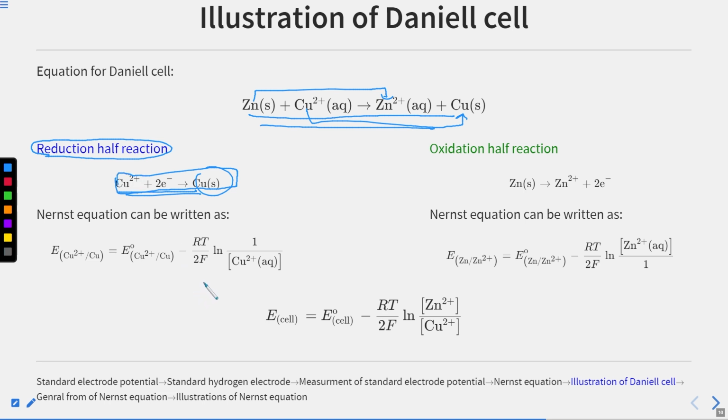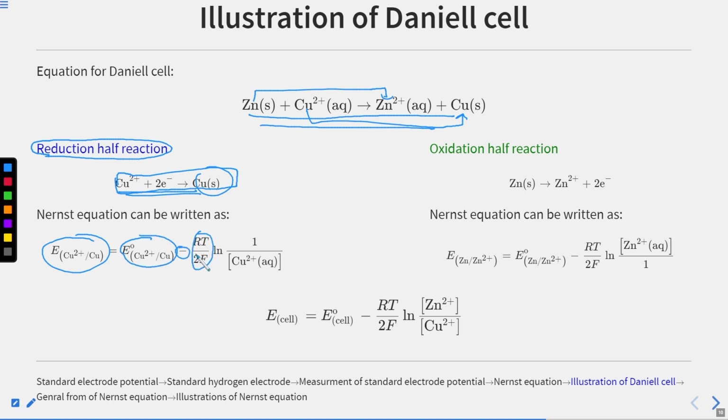Now I have told you earlier that for A going to B, EAB is equal to E0AB minus RT by nF ln Q. So we will write that same thing here. We are going from Cu2+ to Cu, and we have taken the standard reduction potential for the same species minus RT by 2F.